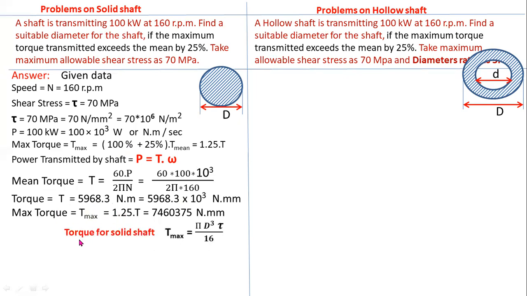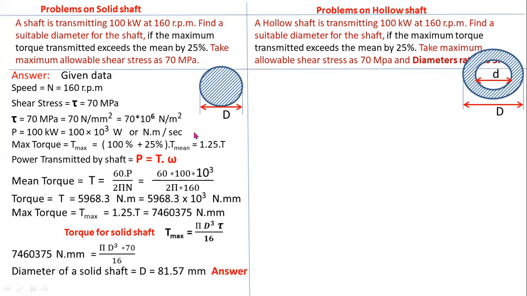From the torsional equation, T equal to pi d cube by 16 into tau. Here T is the maximum torque. You have to substitute the value of maximum torque in this equation. Now from this equation, you can get the value of outer diameter of the solid shaft, D equal to 81.57 mm. This is the required outer diameter for solid shaft.